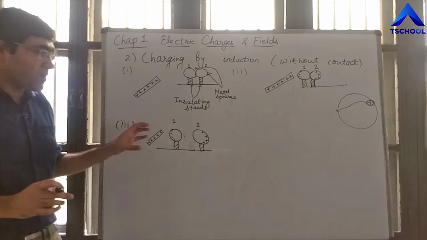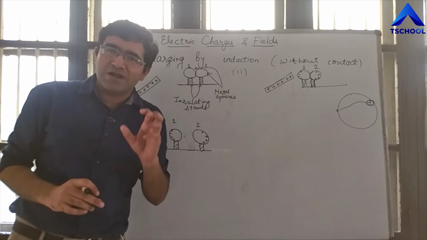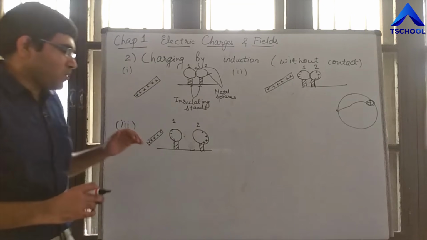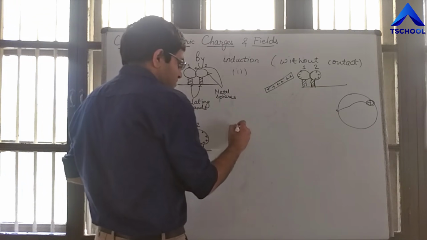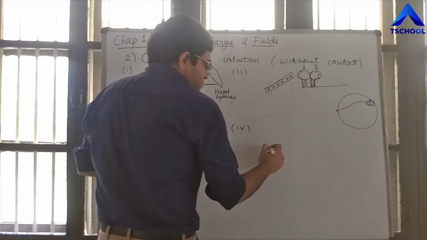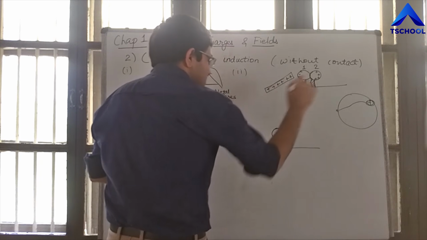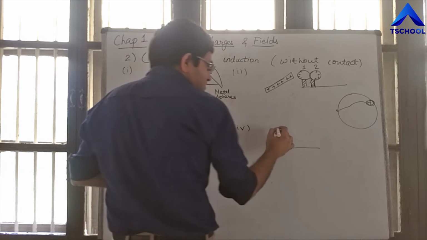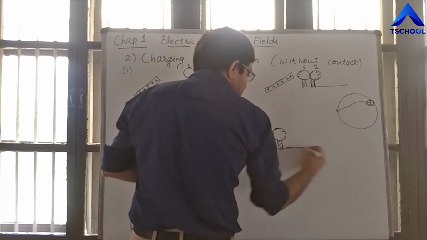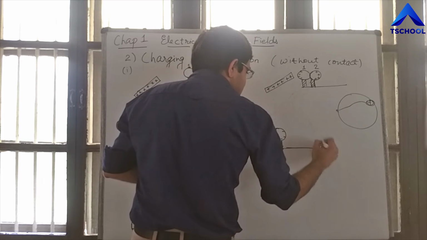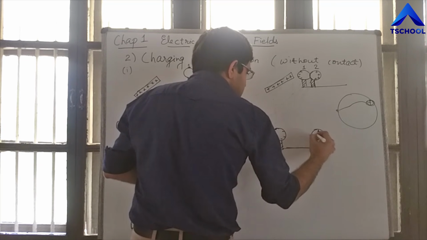Sphere 1 now has a net negative charge, and sphere 2 now has a net positive charge. So what I'll do now is remove this rod. The fourth step is remove the rod, and now let's say these two are quite far apart. Sphere number 1 is negatively charged, and sphere number 2 is positively charged.